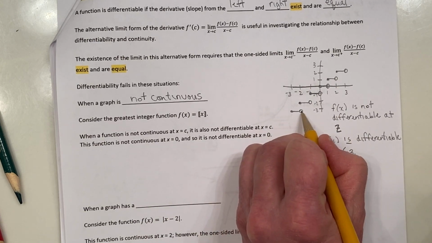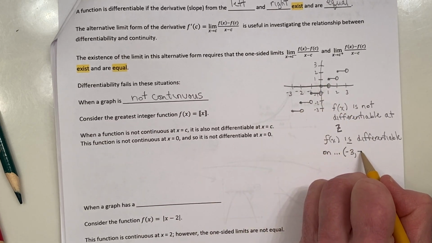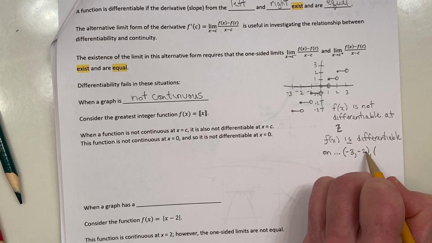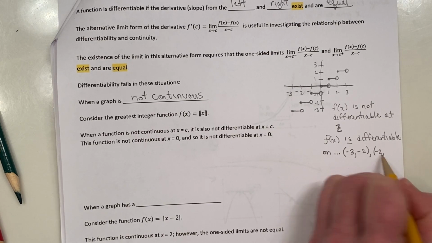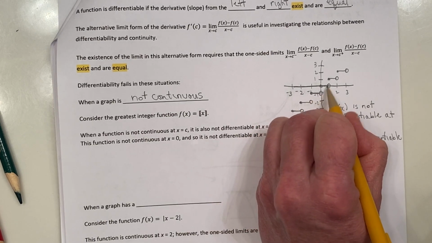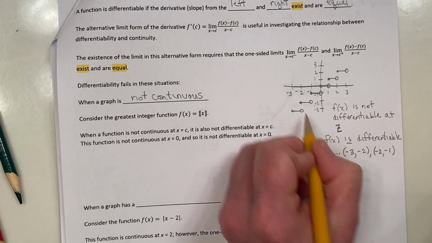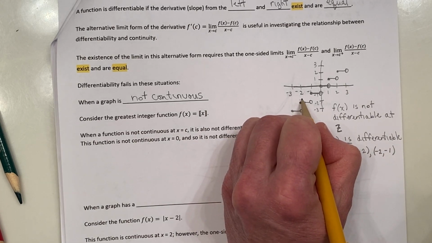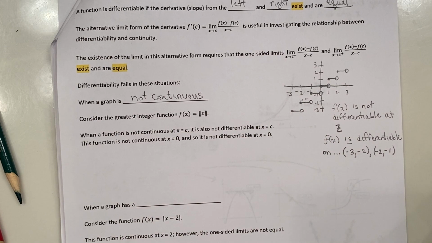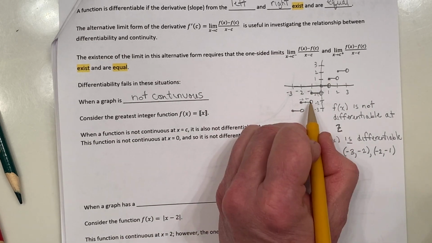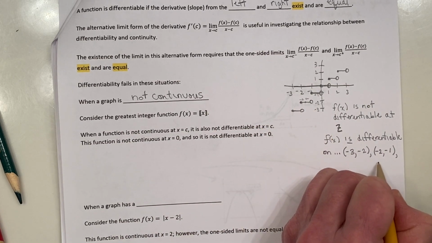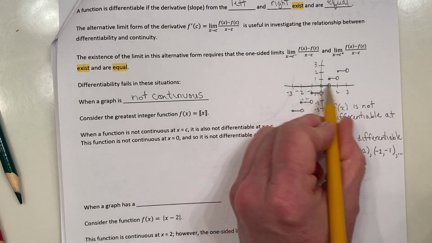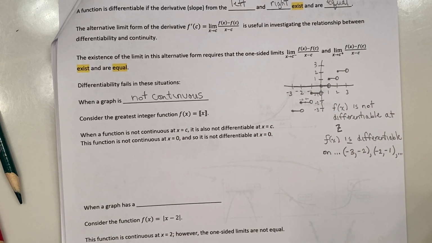It'd be differentiable on each individual piece. So -3 to -2, not including -2, then -2 to -1. Anywhere that you're on each piece, it is, because if I chose this little point right here, the slope from the left and the slope from the right are going to be the same on that continuous piece. And I'll put a comma and then maybe a dot, dot, dot to represent that.